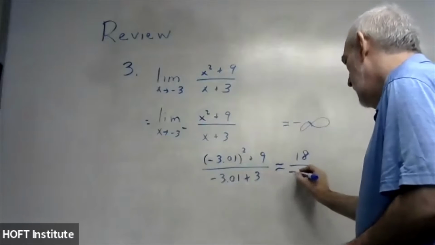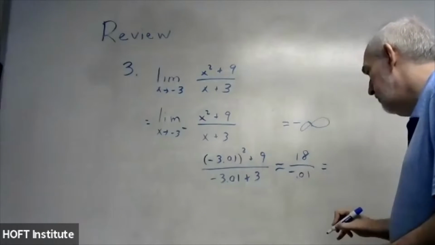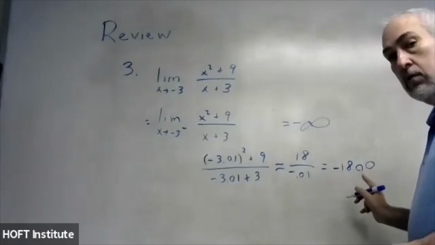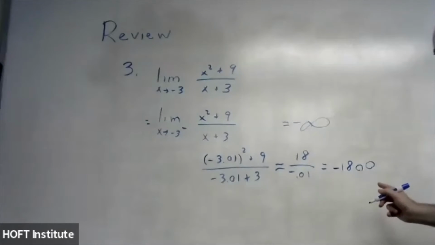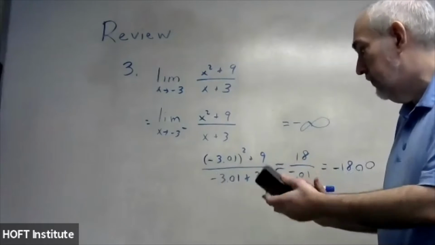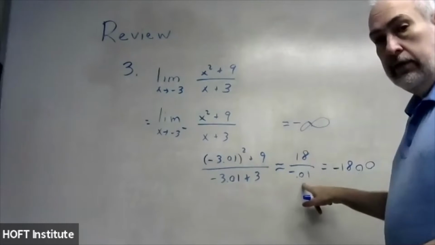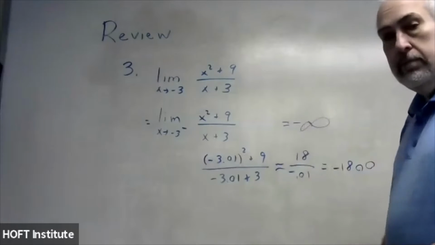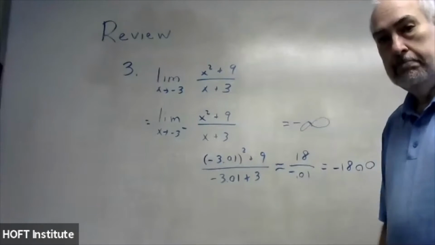The bottom would be -0.01. And then this would be -1800. You see, it's already getting pretty large and negative. And the closer this gets to -3 from the left, the closer this will get to 0, but from negative numbers, and the bigger this fraction will become, and it'll get bigger and bigger going towards negative infinity.